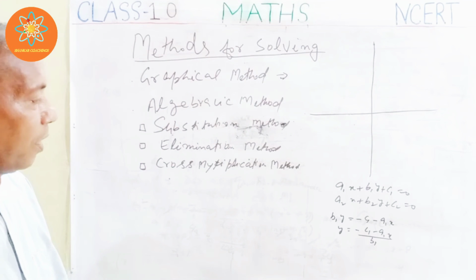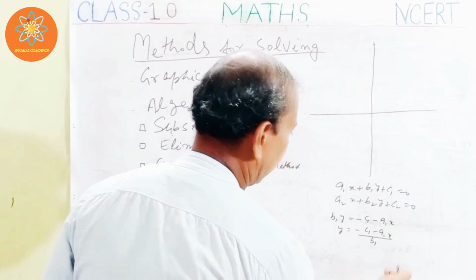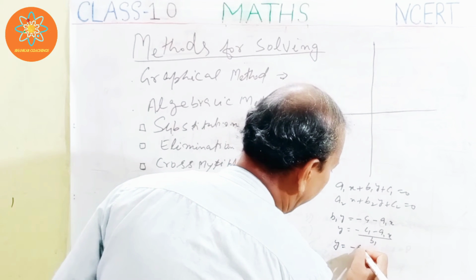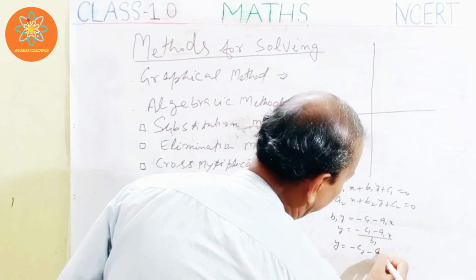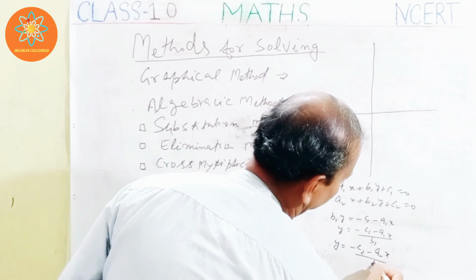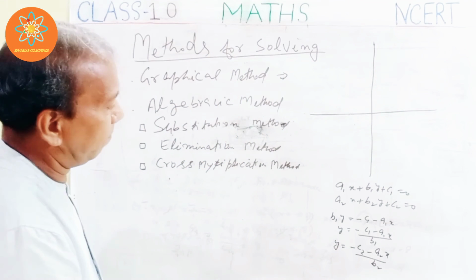In the second linear equation, y is equal to minus c2 minus a2x divided by b2. I just changed the subscript here.